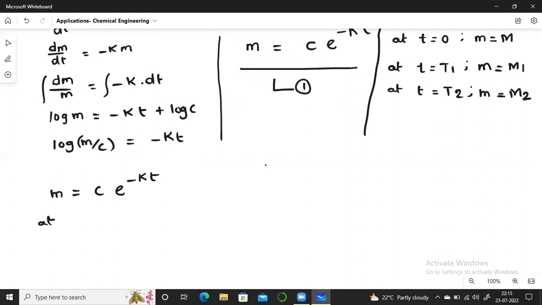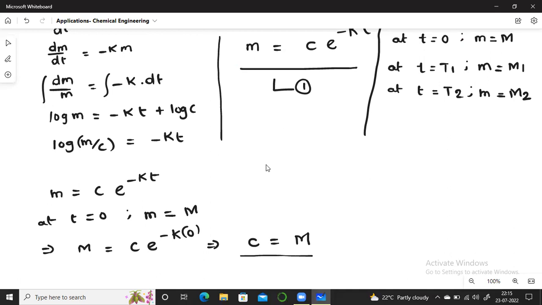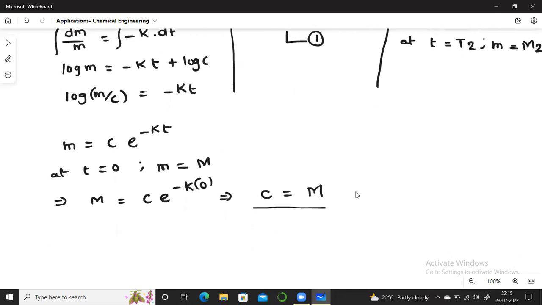At t equal to 0, small m is equal to capital M. Now put those values in that equation: small m equal to capital M, c into e to the power minus k into 0. It means e power minus 0 is 1. So that implies the constant c is equal to capital M. One value I got. Now at t equal to t1, what will happen?